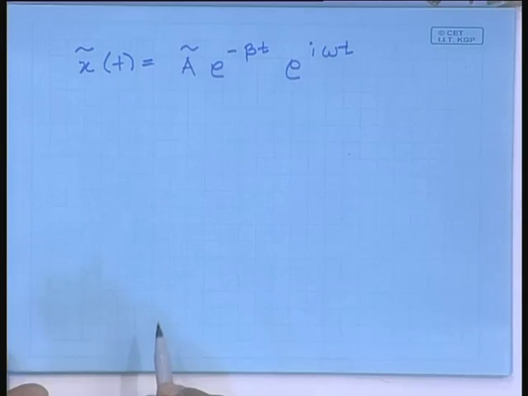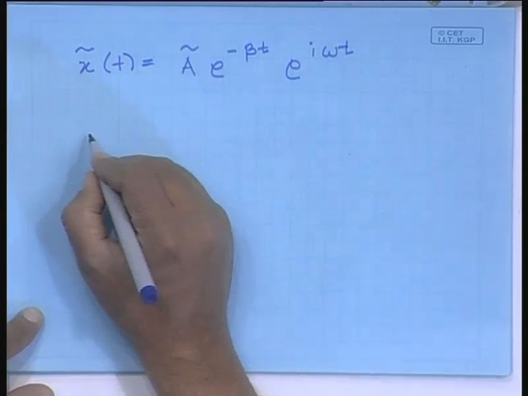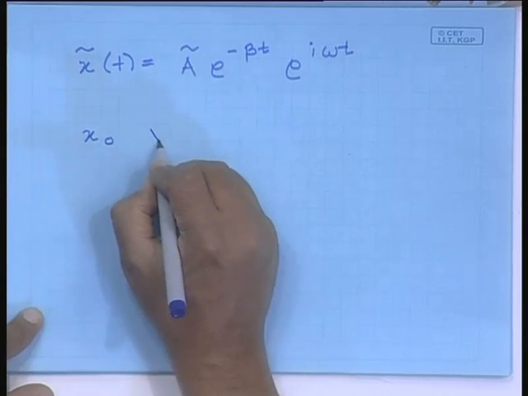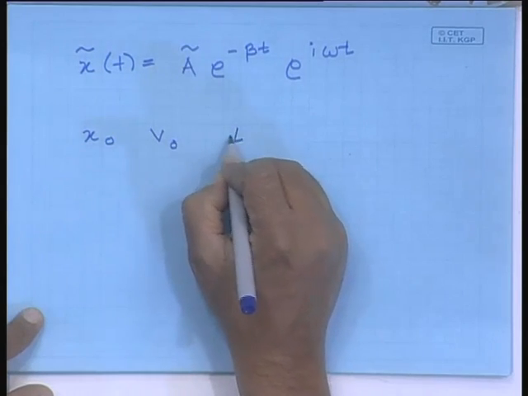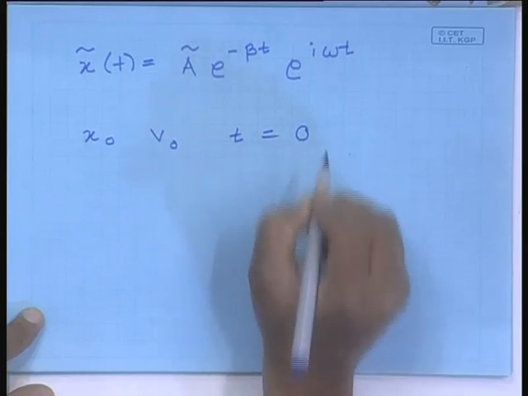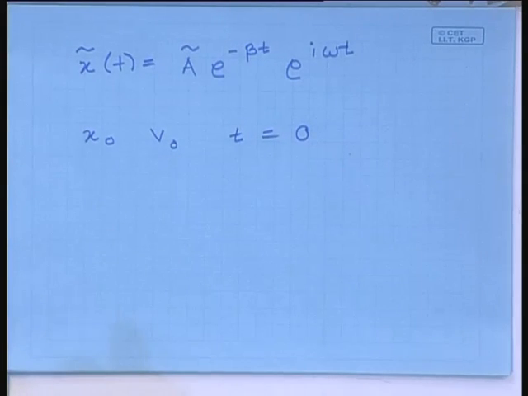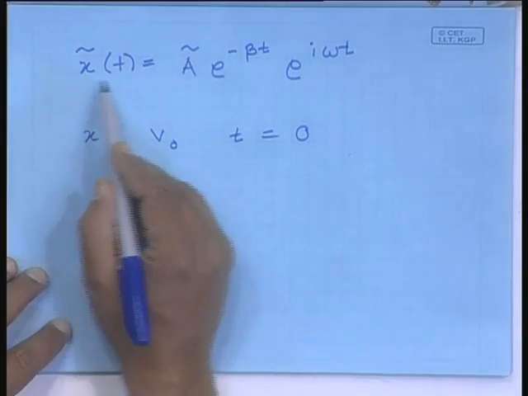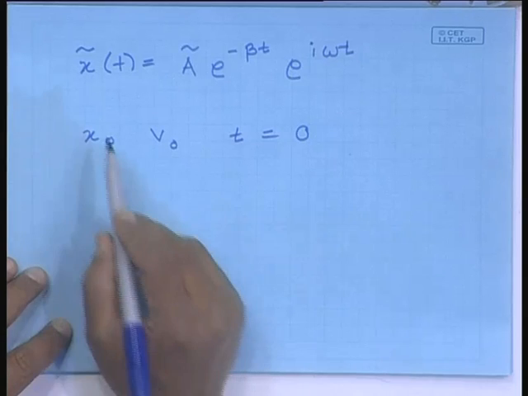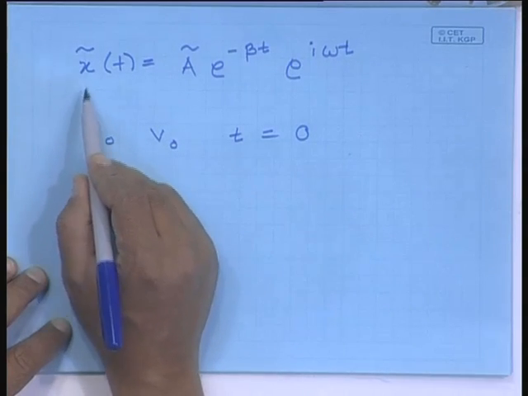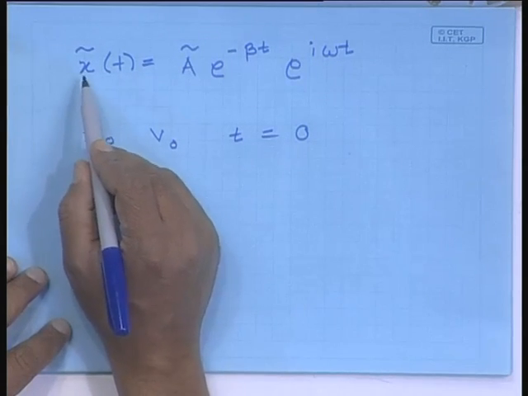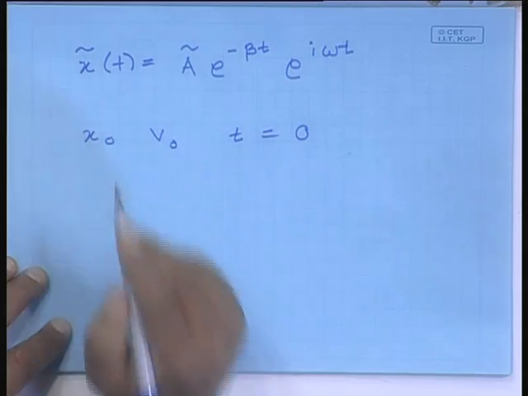And in this problem we are given x naught and v naught to be the initial position and velocity at t equal to 0. So, in order to solve this problem, we have to first calculate the velocity from this expression for the position. The way to calculate the velocity is to differentiate this expression for the complex position variable x tilde.